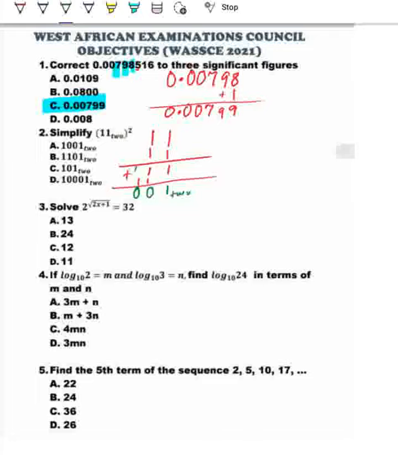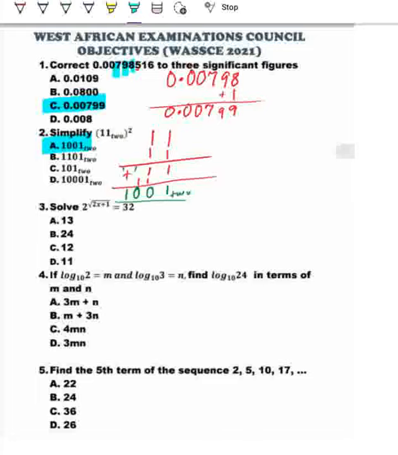Then we transfer that 1. 1 divided by 2 is 0 remainder 1, or we can simply put it down since it is not up to 2. And then the answer will be 1001 base 2. The correct option here is A.